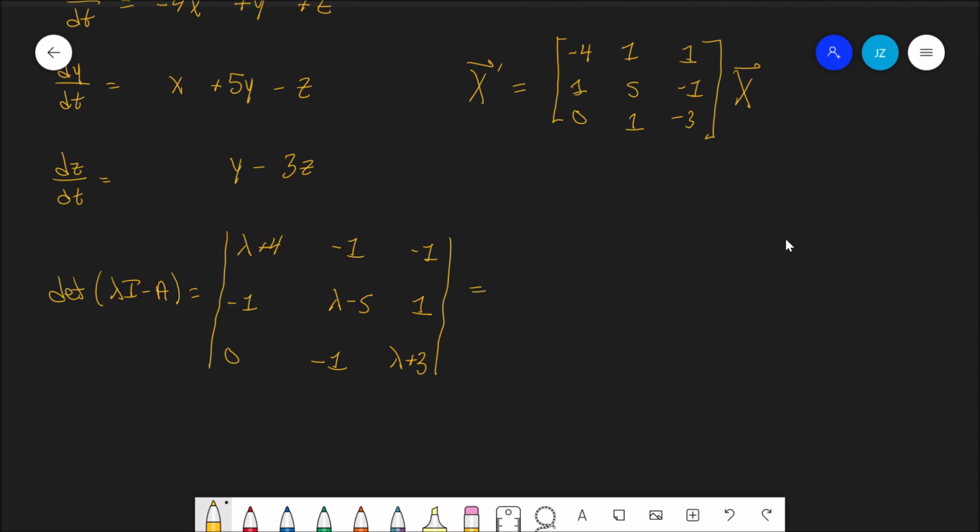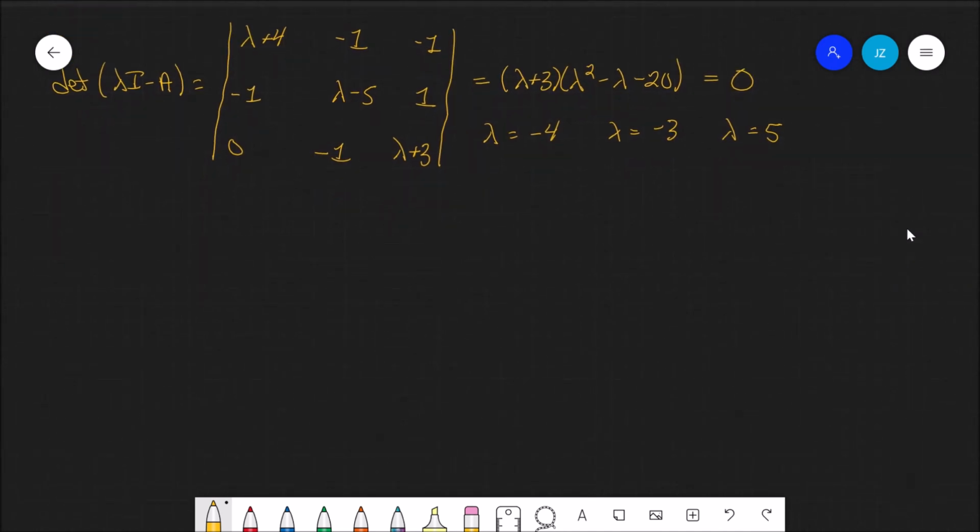Taking this determinant, we get lambda plus 3 times lambda squared minus lambda minus 20. So we get the solutions lambda is equal to negative 4, or negative 3, or 5. So we have our three eigenvalues. Since this is a 3 by 3, we know that we can get three linearly independent eigenvectors, one corresponding to each of the eigenvalues.